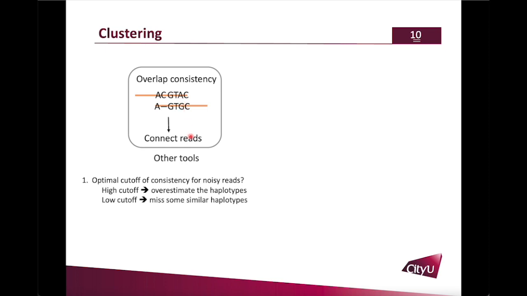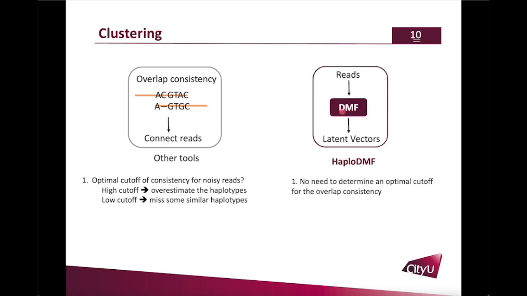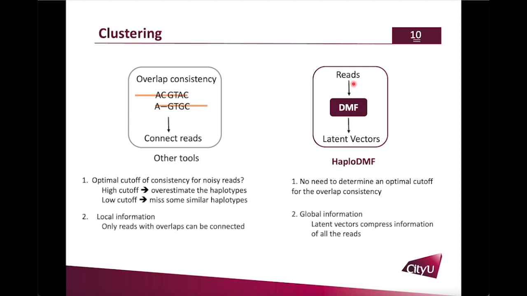So, instead of using the overlap consistencies to cluster reads directly, we applied a deep learning model called DMF to denote each read with a latent vector. Then we don't need to set the cutoff, we just use the latent vectors for clustering. Because this process optimizes for all the reads at the same time, the latent vectors contain the global information, so it would be better to use the latent vector for clustering.